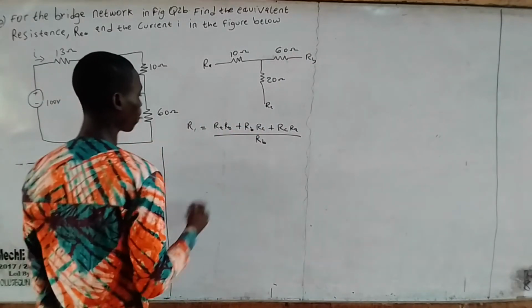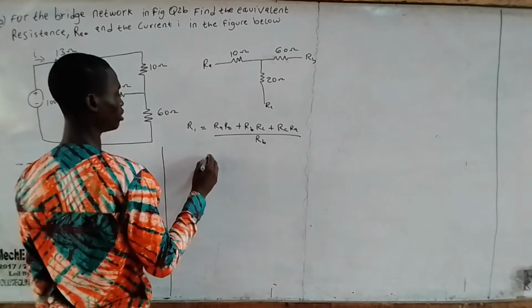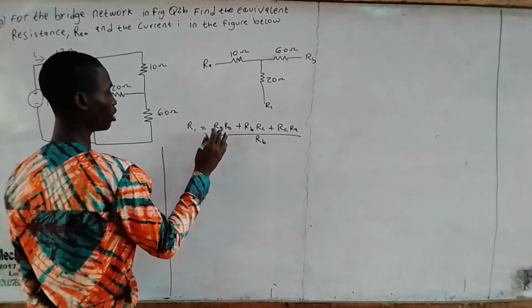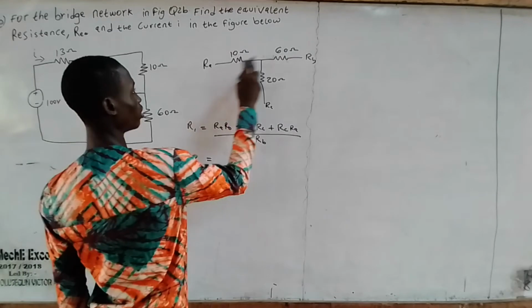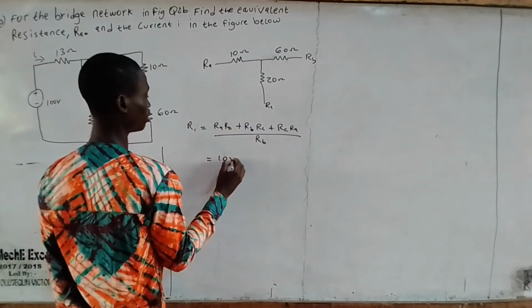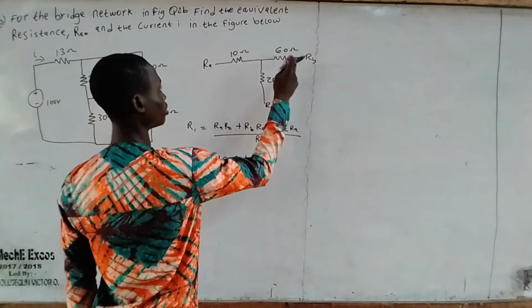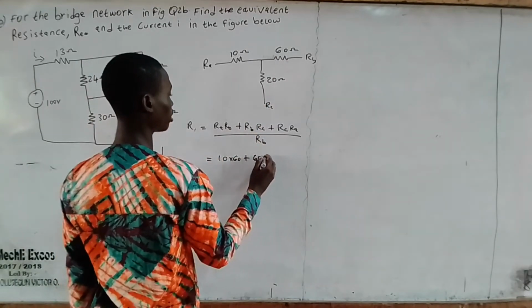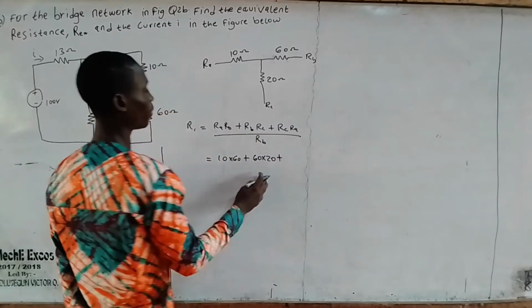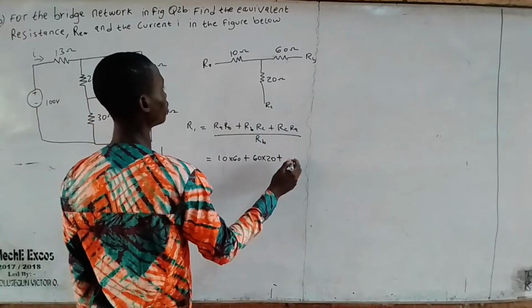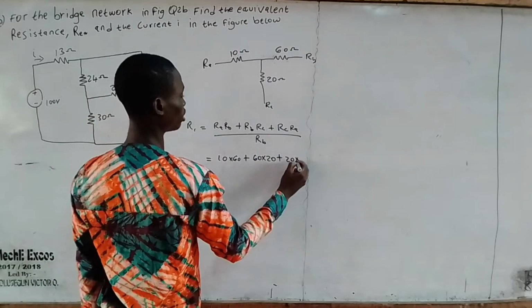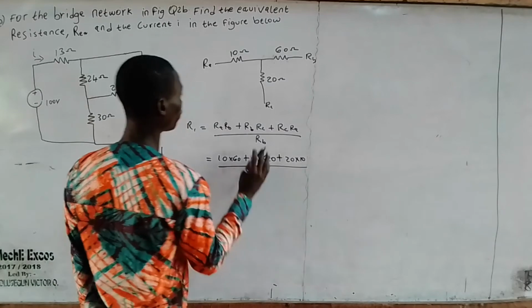Okay, so we join this. RB is what? 10 times 60, plus RC, 60 times 20, plus RA, 20 times 10, divided by RB.